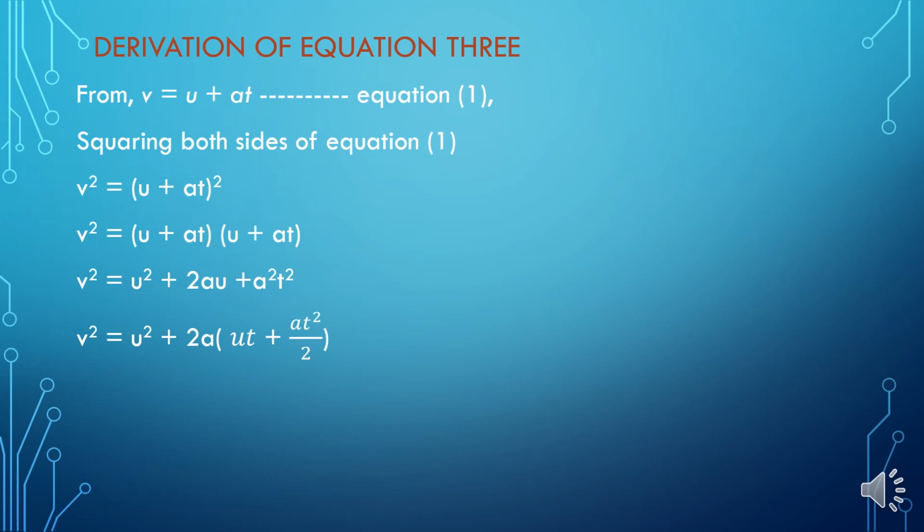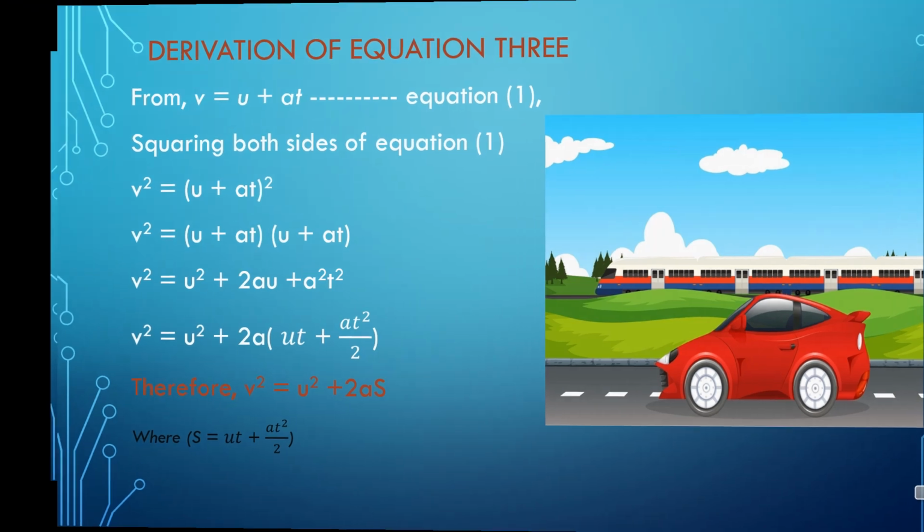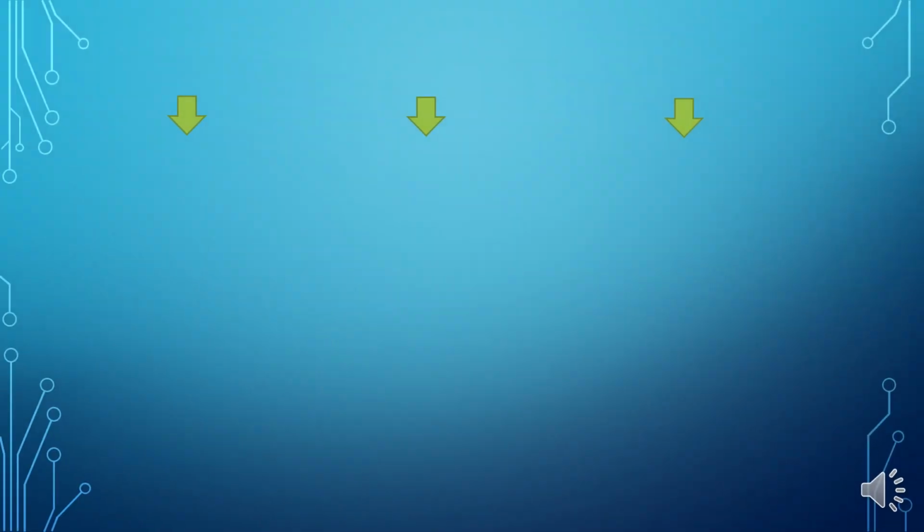If you recall, going back to our second equation of motion, where we have s equals ut plus at squared over 2, we replace this quantity in brackets with s, and there you have v squared equals u squared plus 2as, where s is ut plus at squared over 2. All right, so that's for the equations of motion.